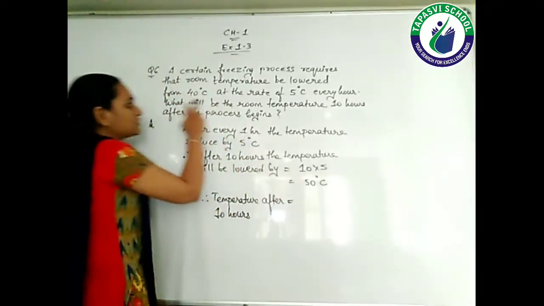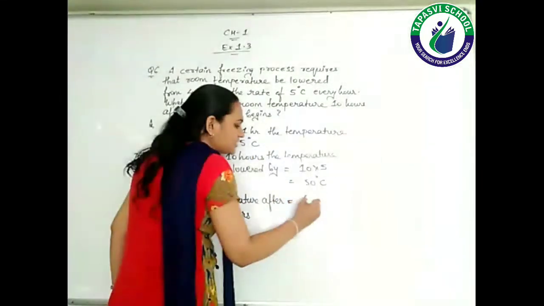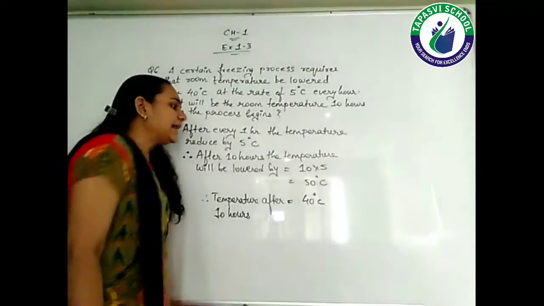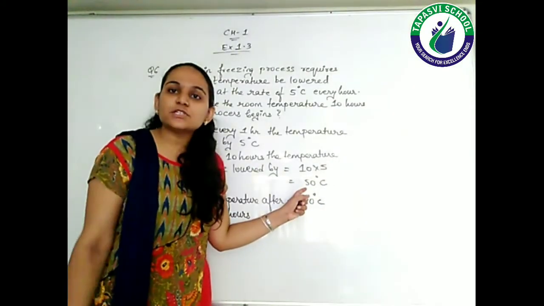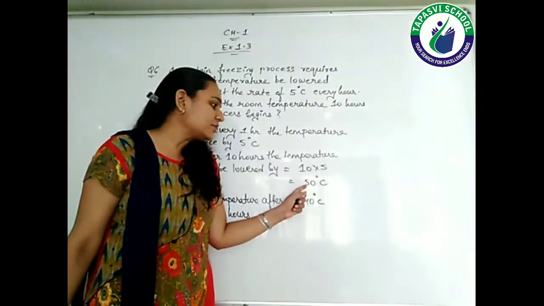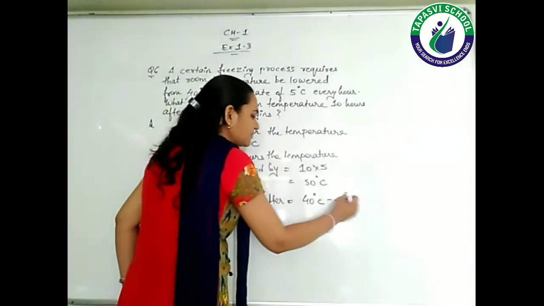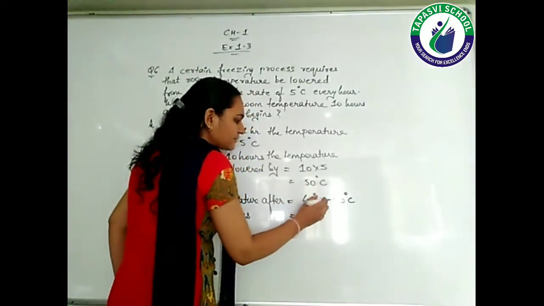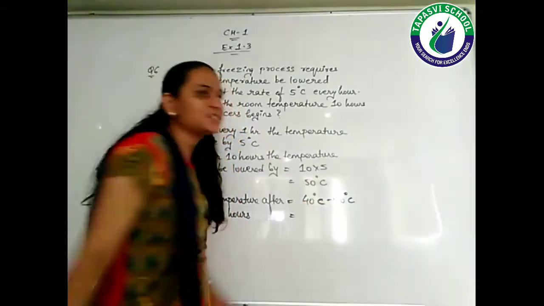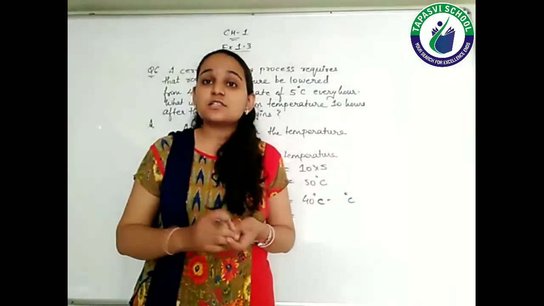Initially, students, it was 40 degrees Celsius, right? And in the process of lowering down, the temperature is reduced by 50 degrees Celsius. So 40 minus 50, that means we are doing the reverse subtraction.